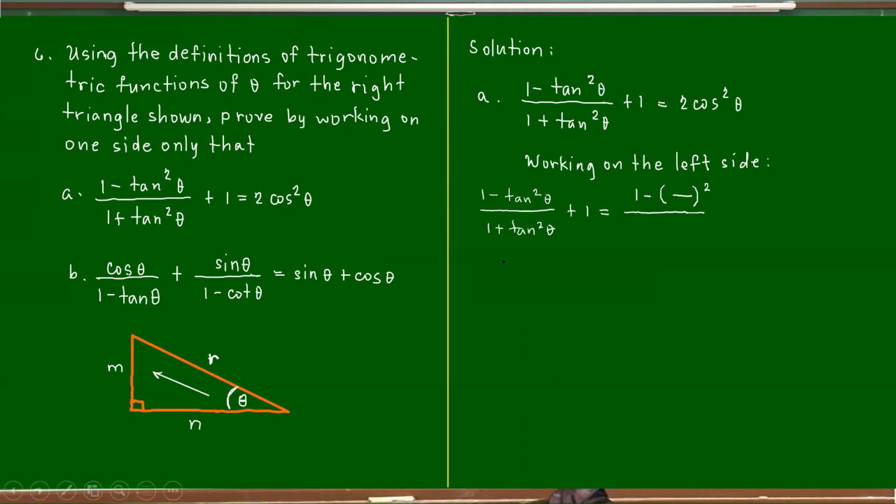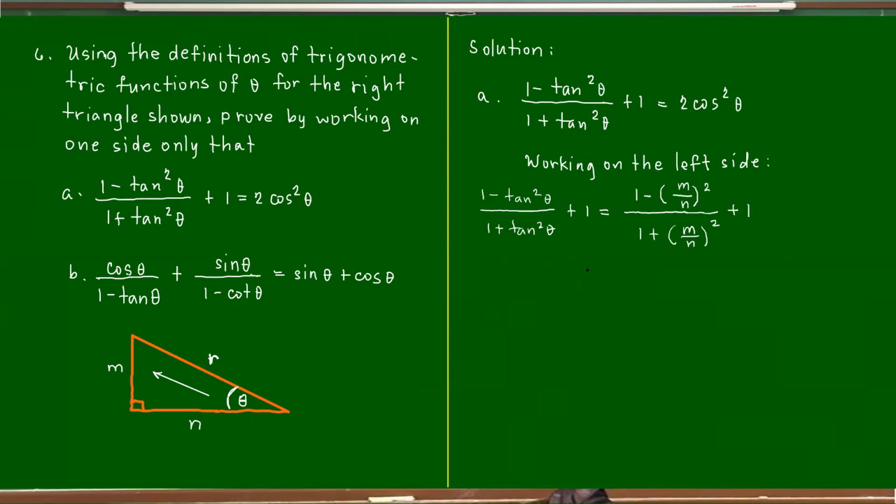We're going to use the definition, not trigonometric identities. What is tangent? M over N. So we just copy it in the denominator. So we have 1 minus M over N, quantity squared, and that is plus 1.